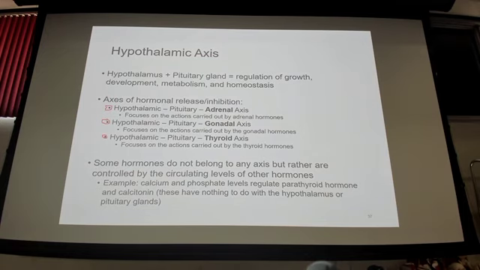Hypothalamus, pituitary, adrenal axis. We're talking about the production of adrenal hormones, right? So when you're unpacking that in endocrinology, where's the message being interrupted? At the hypothalamus, at the pituitary, or insensitivity in the adrenal gland, right? So those permutations can get pretty complex.